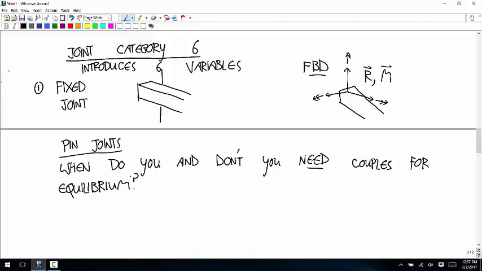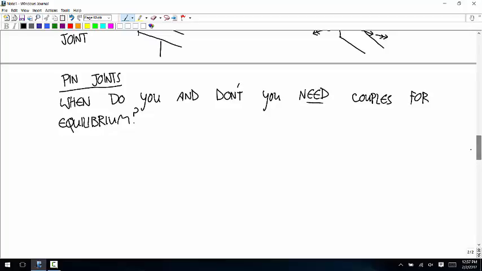There's really one example that is going to be virtually all the times that you don't use those couples. There are probably other examples, but this is a really good example of when you don't need to use those couples.